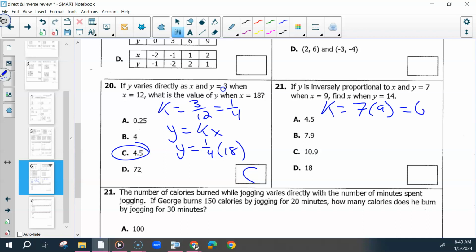63. Now we're trying to find x when y is 14. So in our equation, y equals k over x. We know y is 14, k is 63, and we don't know x, so we're going to solve for it by doing what?